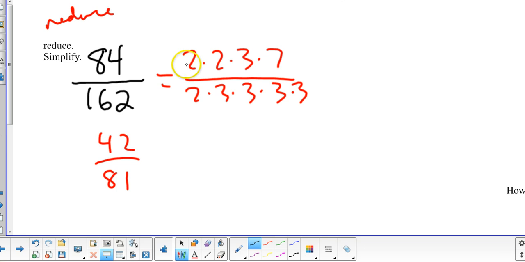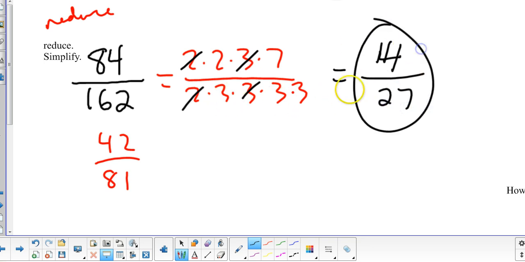And I can cancel out a common power of 2 here, a common power of 3 here, so I'm canceling out 2 times 3 or 6. And now there's no other common primes to cancel out. I'm left with 14 over 3 times 3 times 3, which is 27. And since there's no common primes left, there's nothing left for me to cancel.